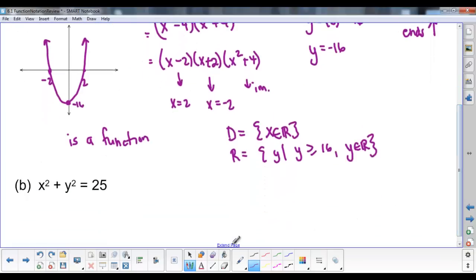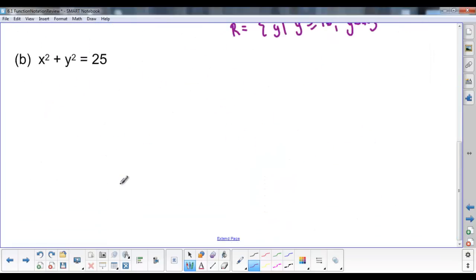Now we'll move on to example 2, where we have x squared plus y squared equals 25. This is a circle. If we took the square root of 25, we know that the radius would be 5.